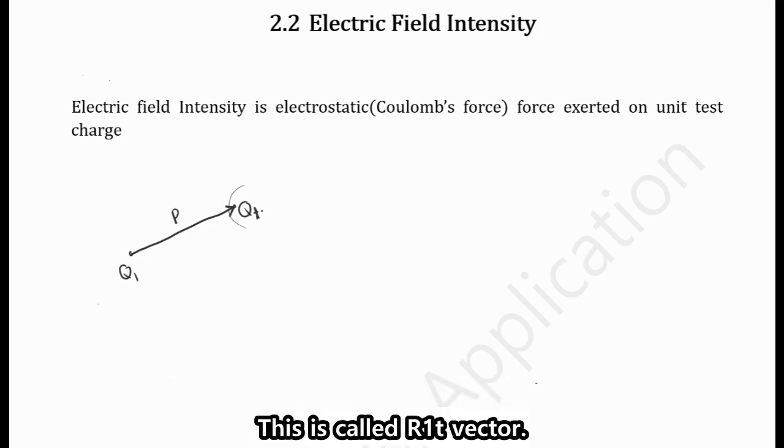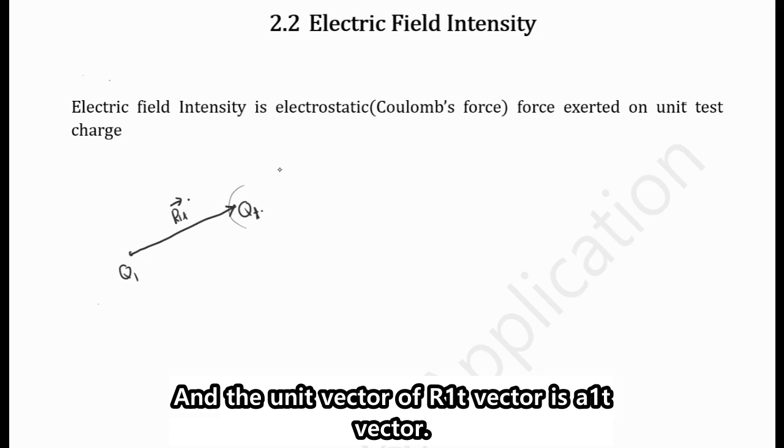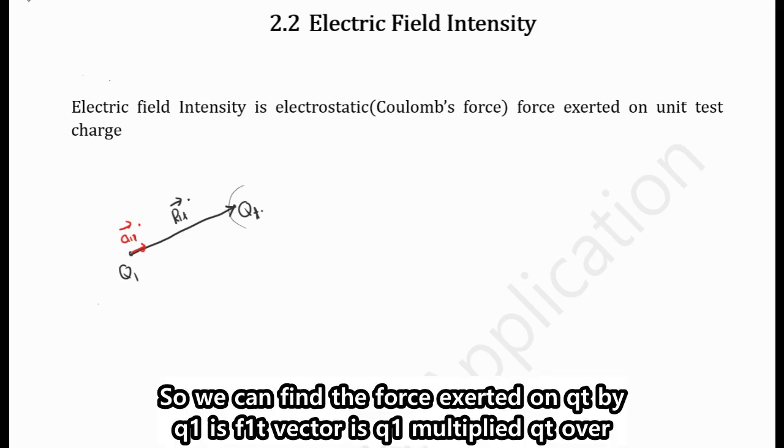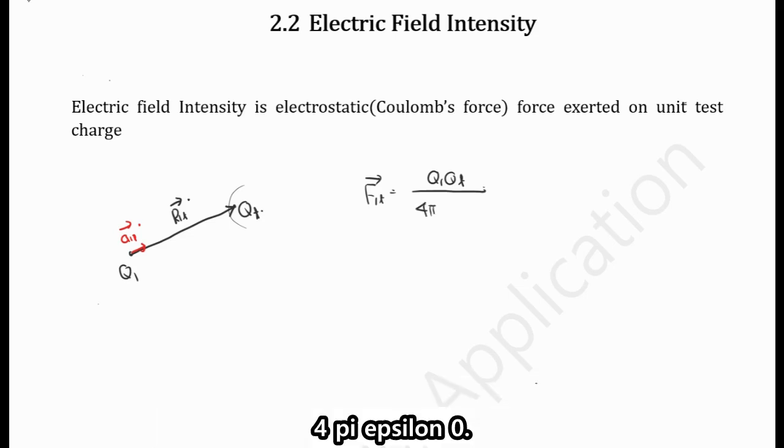This is called the R1t vector, and the unit vector of the R1t vector is the A1t vector. So we can find the force exerted on Qt by Q1, F1t vector, is Q1 multiply Qt over 4 pi epsilon 0.